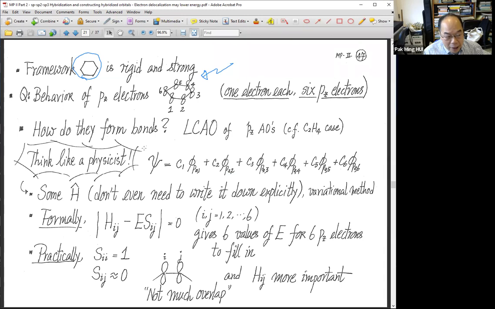So LCAO means I will form a linear combination with 6 coefficients C1 to C6 using the 6 pz orbitals as the basis. Then you start cranking in your mind. There must be some Hamiltonian governing the electron seeing this structure. You can write it down, but we don't want to write it down. We just know conceptually there's a Hamiltonian. And then we have 6 bases.